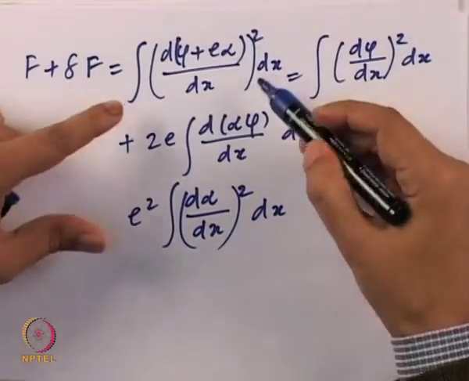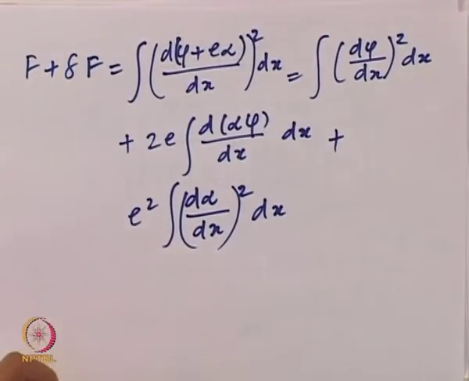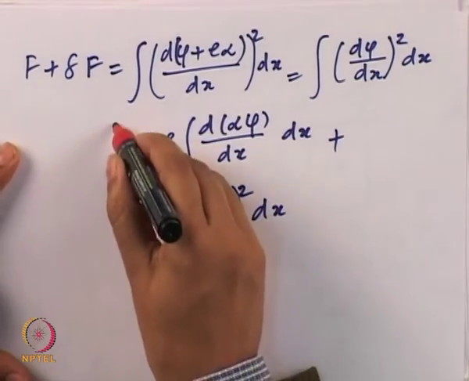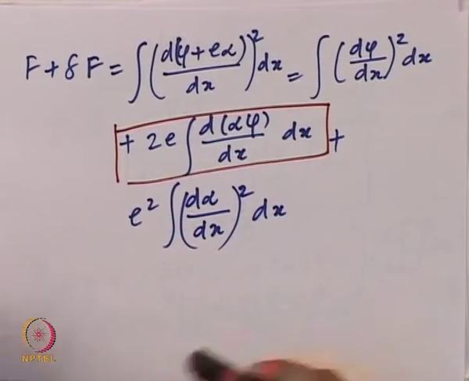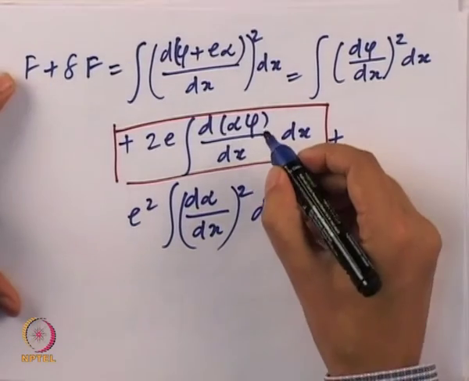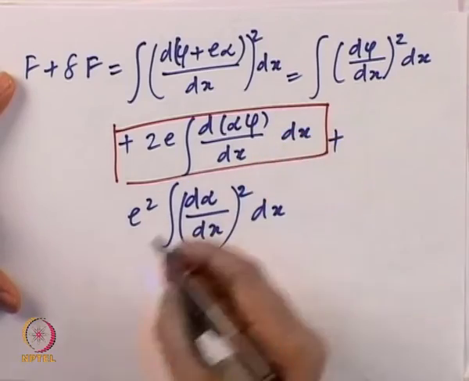What I have done is I have just expanded this term using integral calculus and I have got this term. What is important to know is this particular term, the second term, reduces to 0 because of the definition of alpha that we have chosen. So let us write this one down.